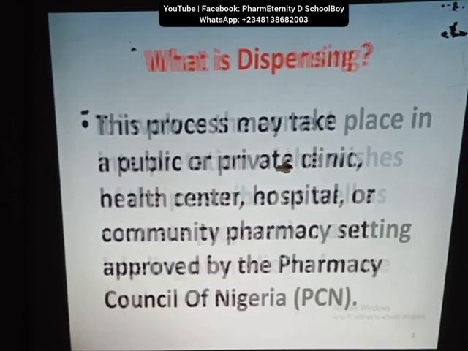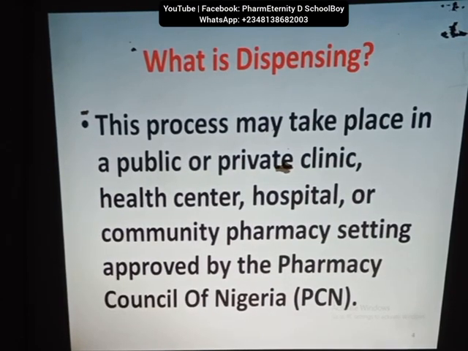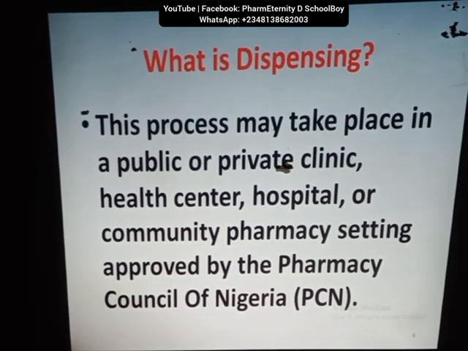Very important. Now, where does dispensing take place? A very important point is that dispensing should take place in premises that are duly approved by the Pharmacy Council of Nigeria, as far as Nigeria is concerned.